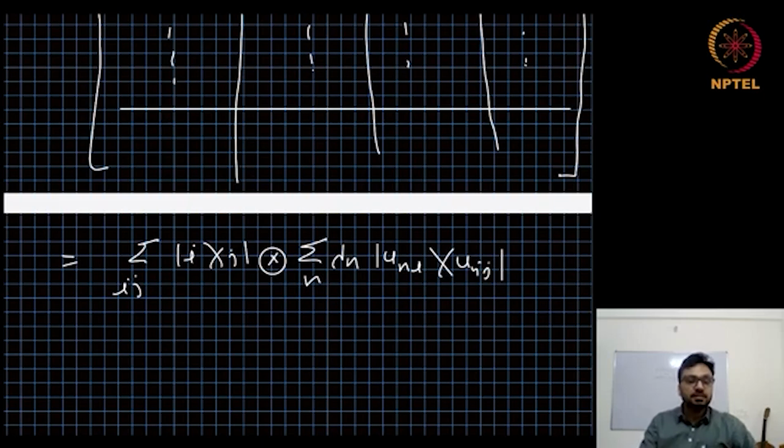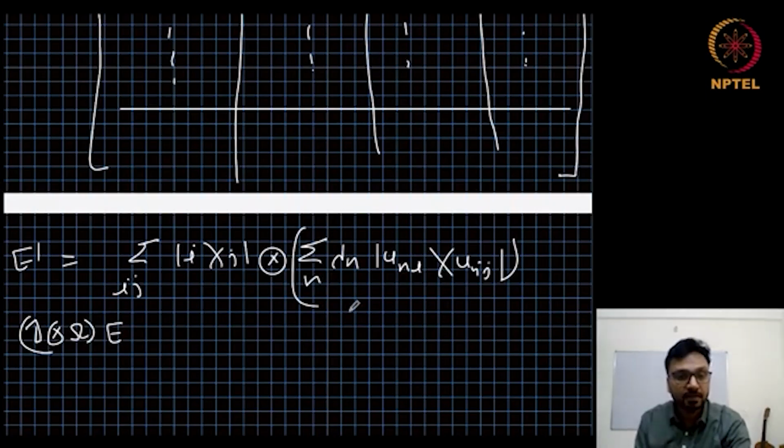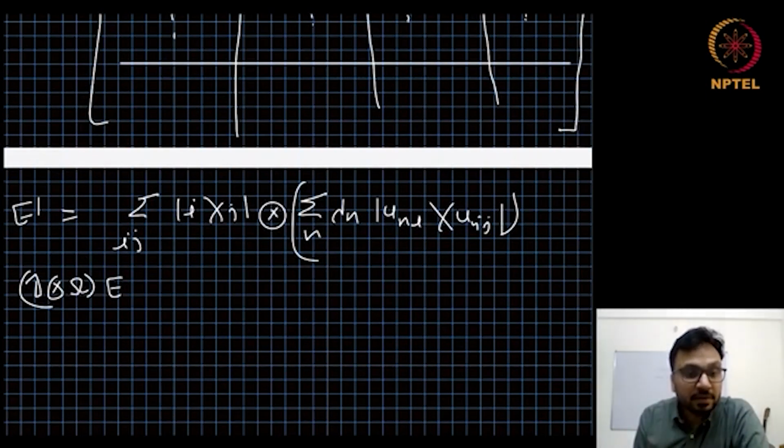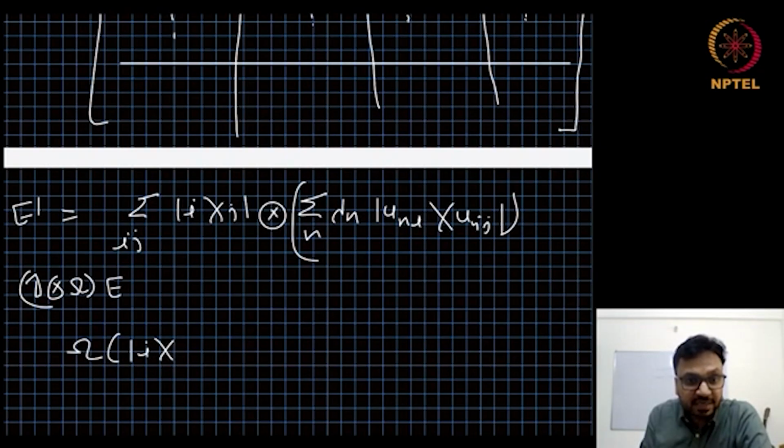So this is the whole E prime matrix, and E prime, if you remember, is identity tensor omega acting on E. Now compare it with E. Then we will see that omega acting on Eij is nothing but the sum over n of lambda n un i un j dagger.